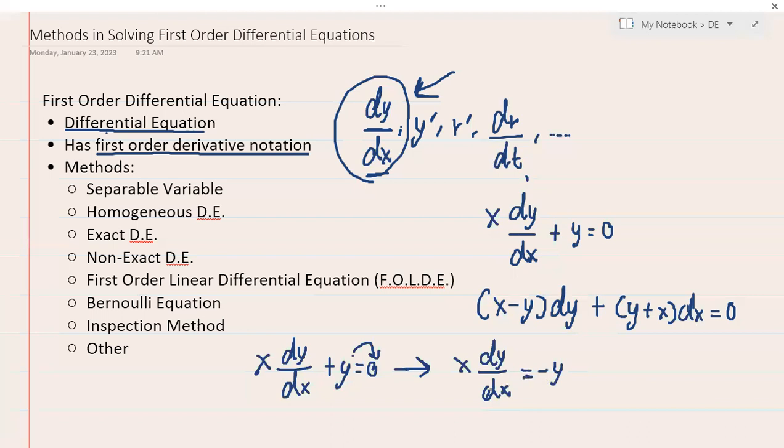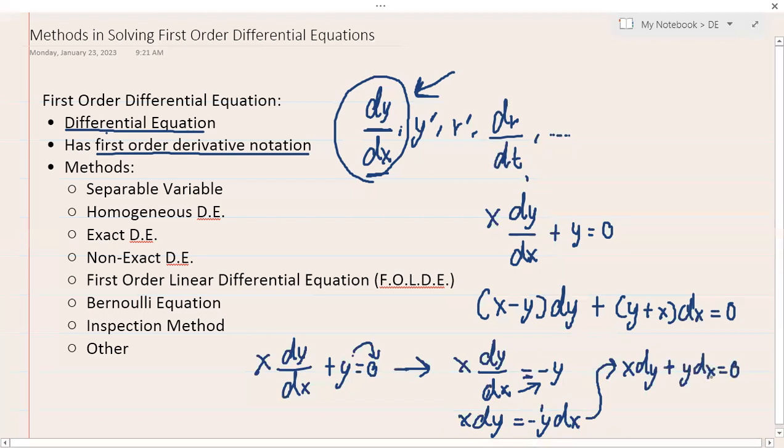Tapos, pwede ko i-cross-multiply. Multiply ko si dx kay negative y, magiging x times dy is equal to negative y times dx. Okay? Then, ipag-combine ko si x dy tsaka si negative y dx on the left side of the equation, ganito maging tsura niya. X dy plus y dx is equal to 0.